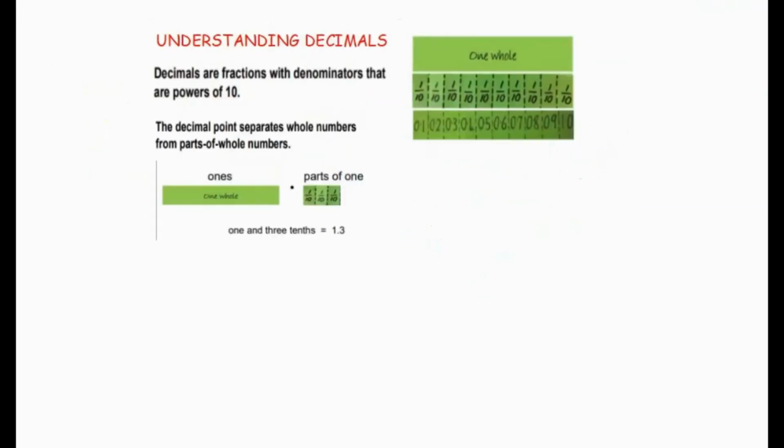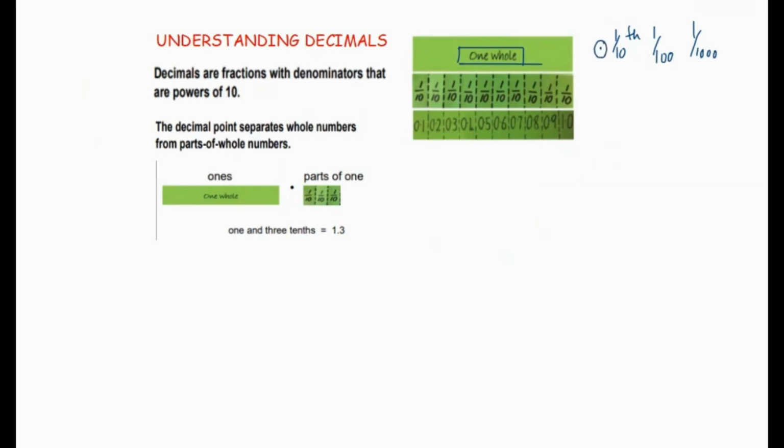Now understanding decimals, which is our core topic. Decimals are fractions with denominators that are powers of 10. We have already understood one whole quantity, and if we go towards 1/10, 1/100, 1/1000, then we will come to know about the use of decimals.